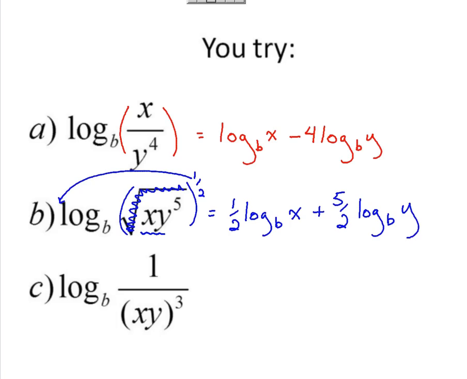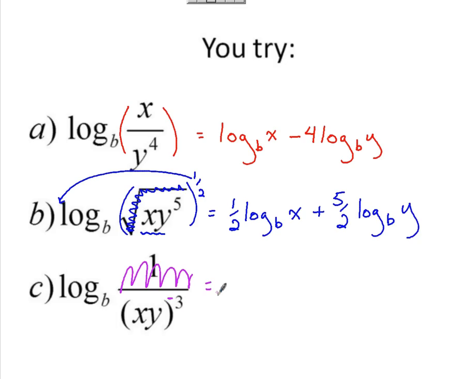All right, last one. I see this 1 over some quantity raised to a power. Hopefully we've done enough problems now where we're thinking reciprocals, we're thinking negative exponents could help, right? Maybe I take this out and make that a -3 instead. So it's log base b of this quantity raised to the -3rd.